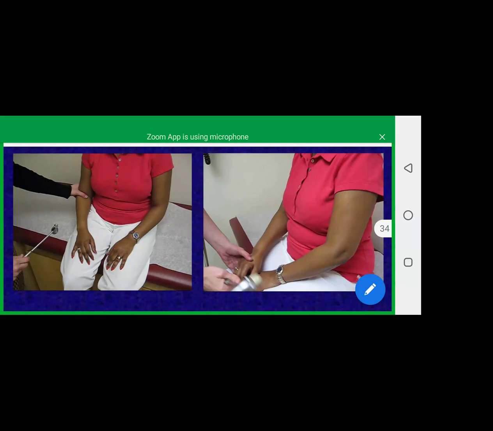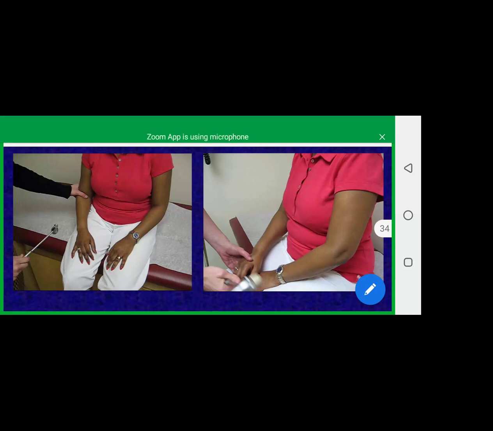Where his left thumb is, he's going to use a tendon hammer and strike on top of his thumb. If you strike it and the hand jumps up, you see a sharp movement, it means there's hyperreflexia.